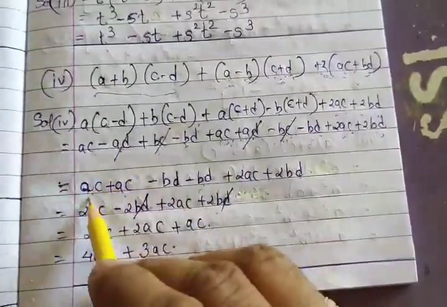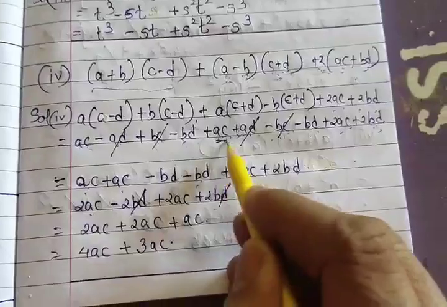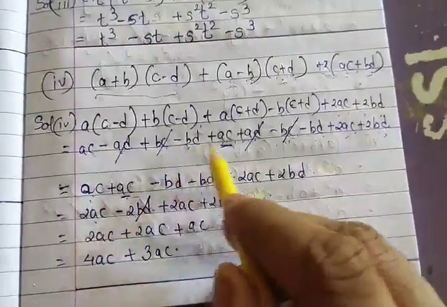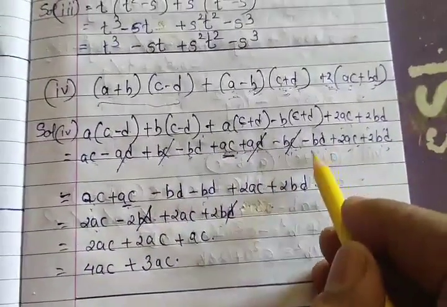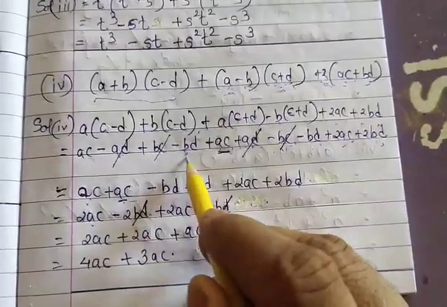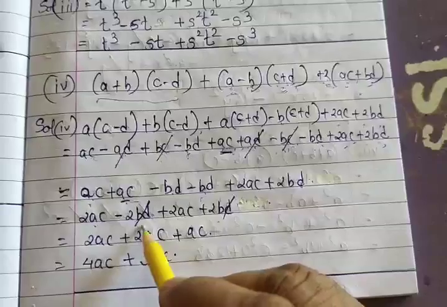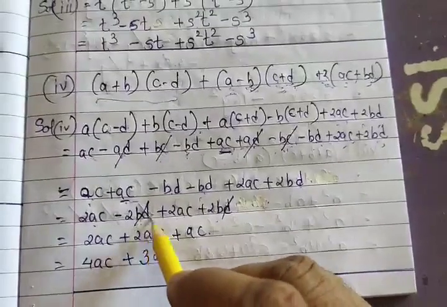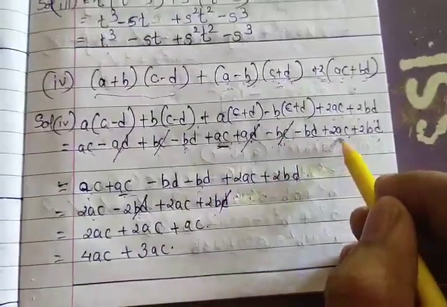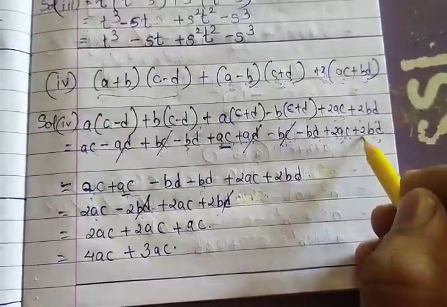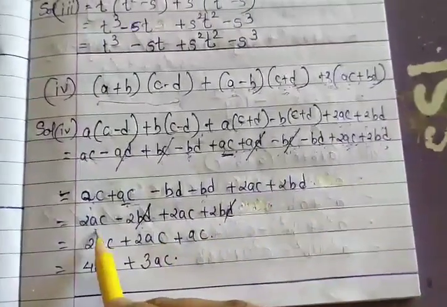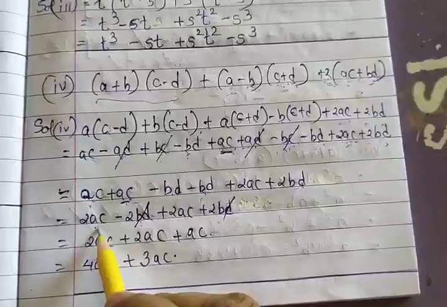Then ac, write down as it is. Then this ac you have to write over here. Then whatever is left, observe it properly, here negative bd and negative bd, so add it. The negative bd and negative bd will become negative 2bd. Then whatever is left, 2ac plus 2bd, write down as it is. Then ac plus ac will become 2ac.